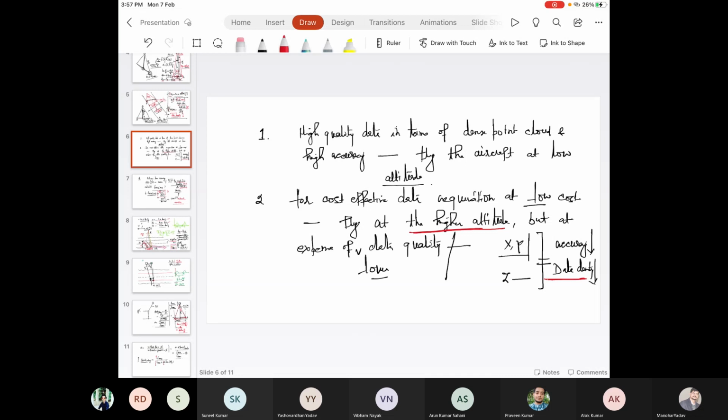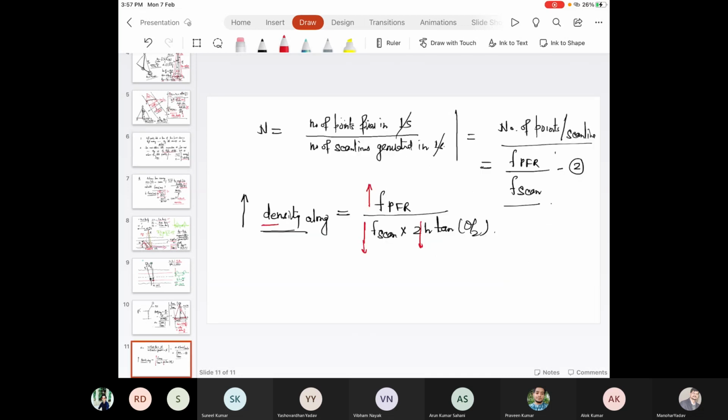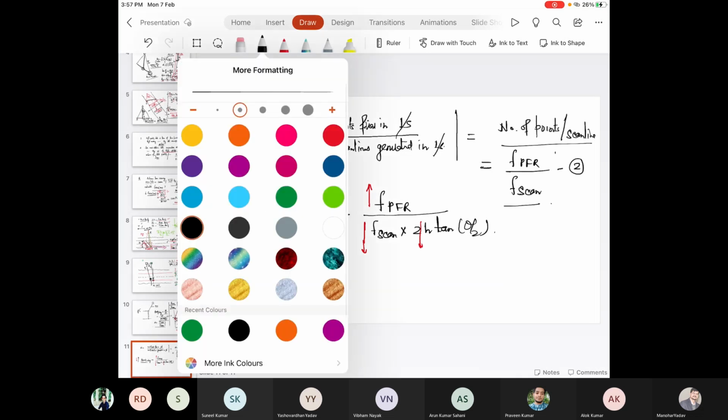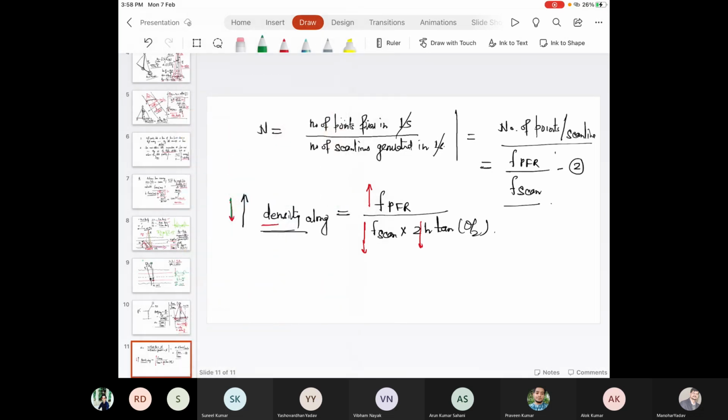And this statement is supported by this formula. Data density will decrease when you increase the flying height. Further, if you increase the angle theta, then if you see the curve of tan theta from 0 to pi by 2, it's a monotonically increasing function.